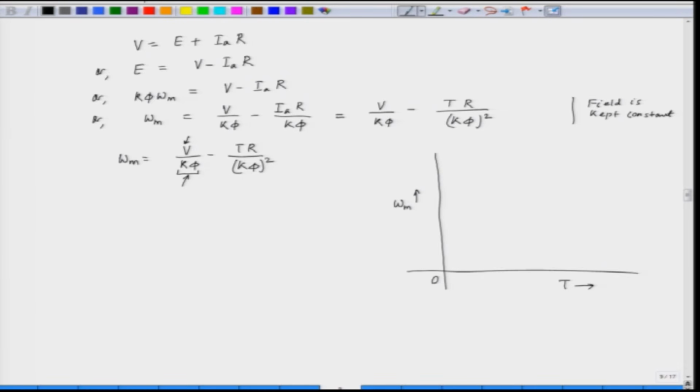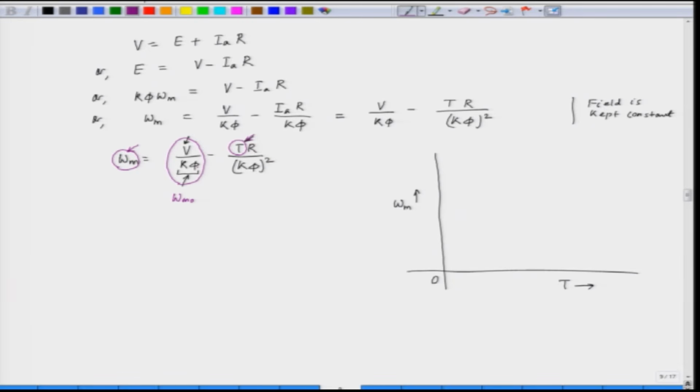So, if K phi is constant and T is variable, this is one variable and omega m is the other variable. So, we are basically plotting speed versus torque, and this first term is called the no load speed omega m naught, and R by K phi square is like the slope of the characteristic.